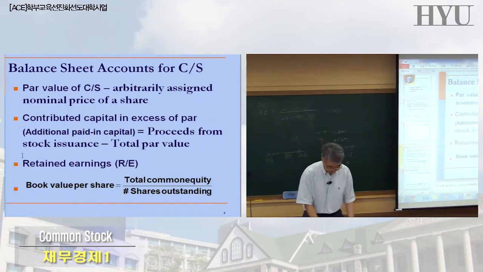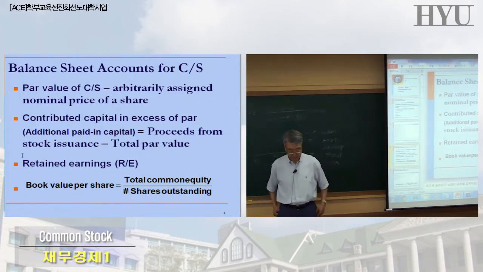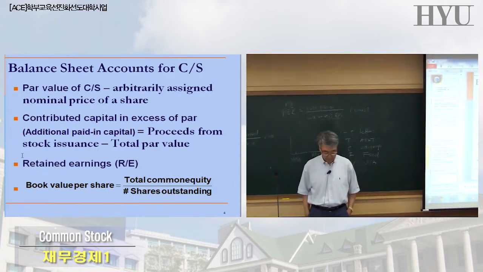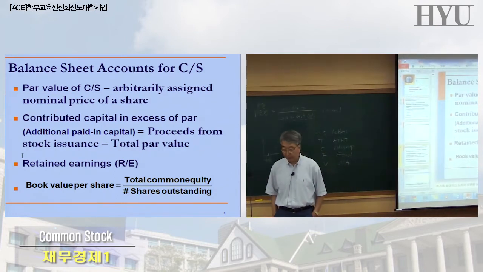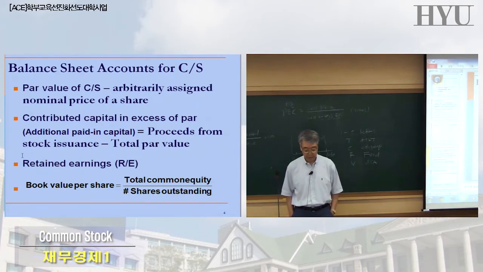All right. A little bit about the balance sheet accounts for common stock. I think we talked about this already, so I guess I'll be very brief. The par value of common stock is just an arbitrarily assigned nominal price of a share, right?